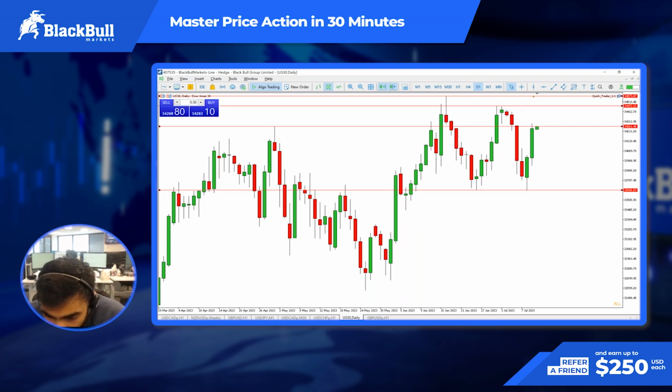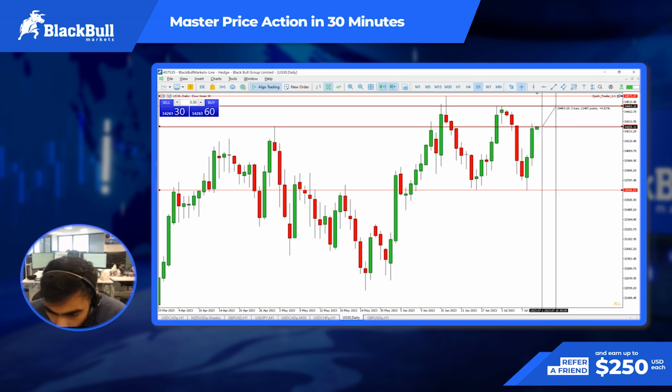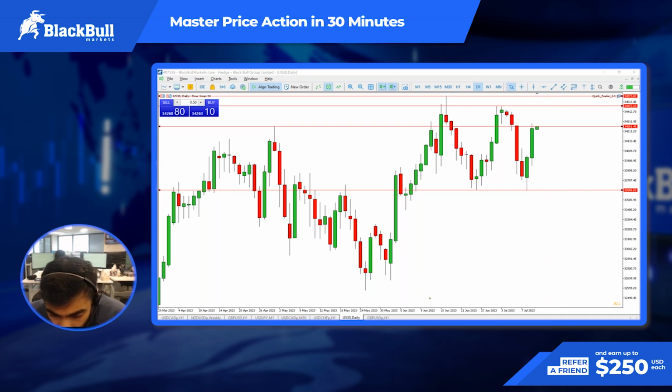If we continue to break higher and travel up here, this is about a 0.6% move, or 2,000 pips actually on the Dow Jones. You could get a break again up to 34,573. Remember, this is a daily time frame.